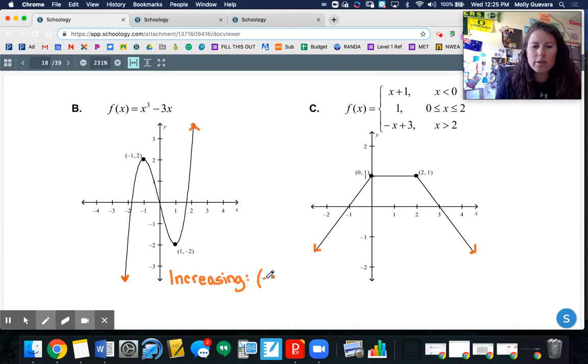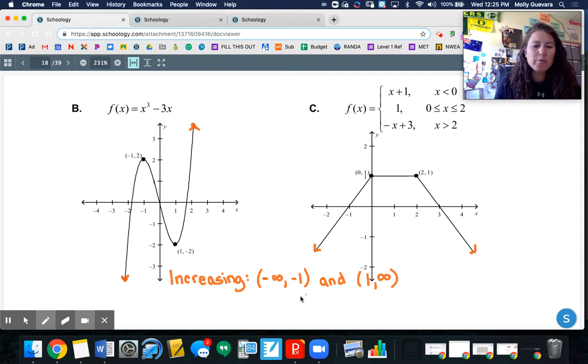So it's increasing from negative infinity to -1. And then it's decreasing. And then right here at 1, it starts increasing again, right? So it's also increasing from 1 to infinity.